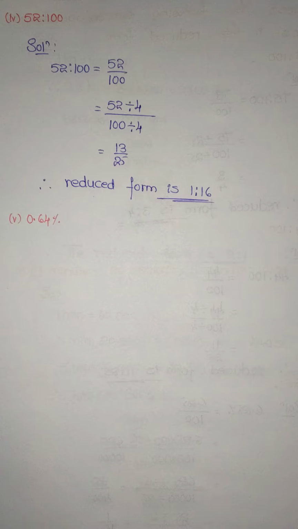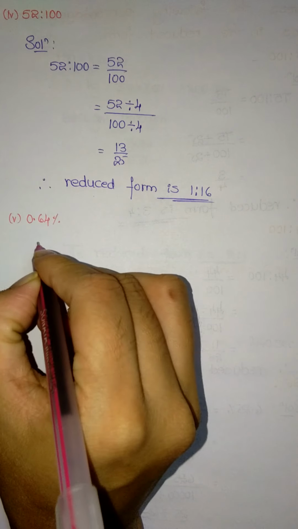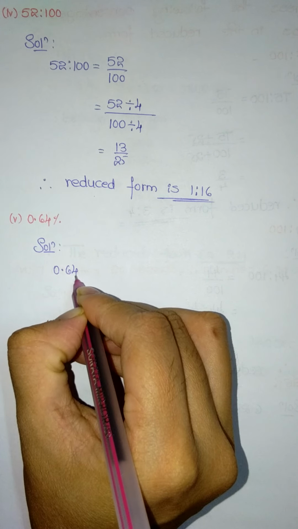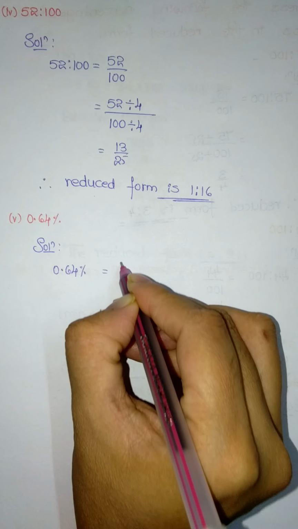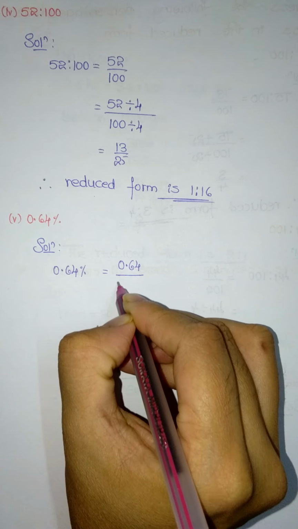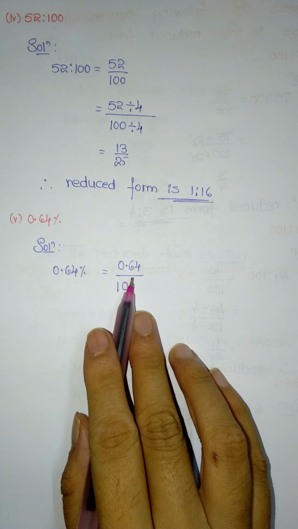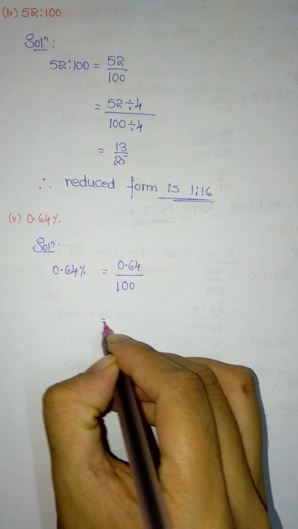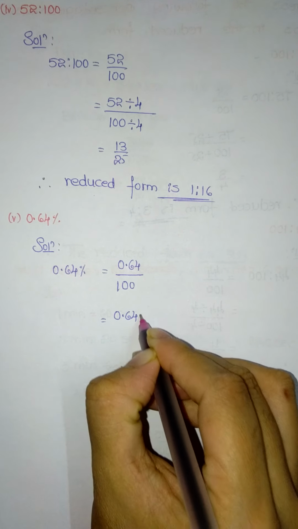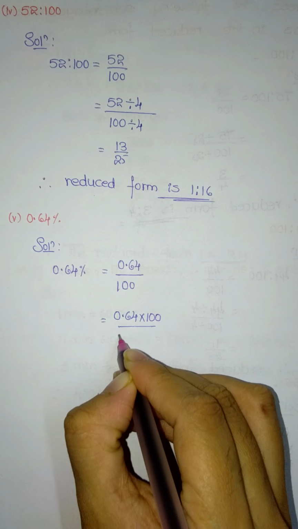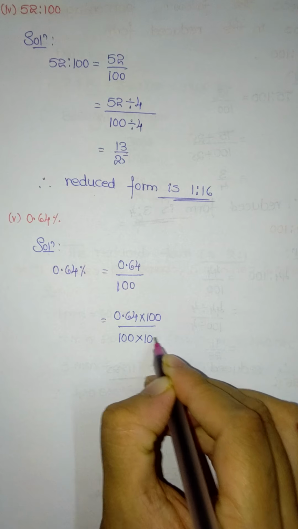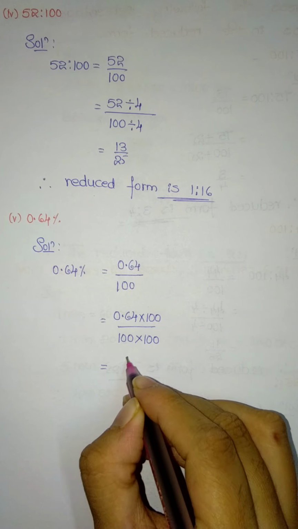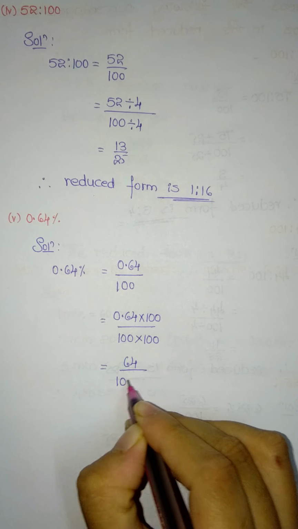Next, last one, 0.64 percentage. We can write it as 0.64 by 100. Now, to take this point outside, so हम लोगों को multiply numerator and denominator with 100. So here it becomes 0.64 into 100 by 100 into 100. So here it becomes 64 by 10,000.